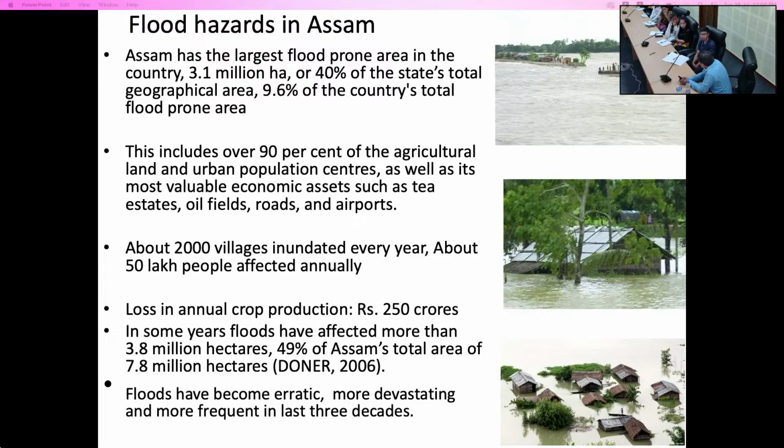After 4 decades, if you look back at the flood history of Assam, it has suffered from about 20 major floods in the last 70 years, and more than 10 have occurred after 80. So, the flood history after 1980 is very important.